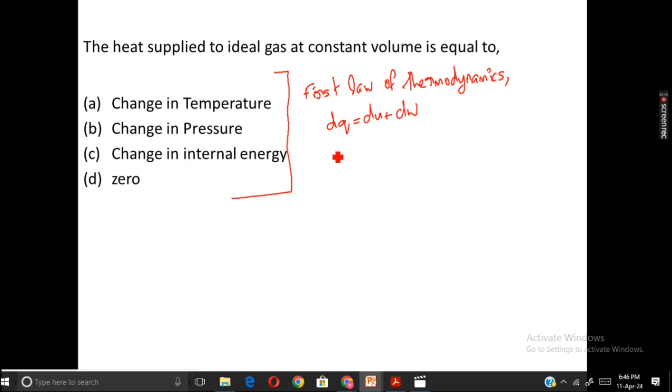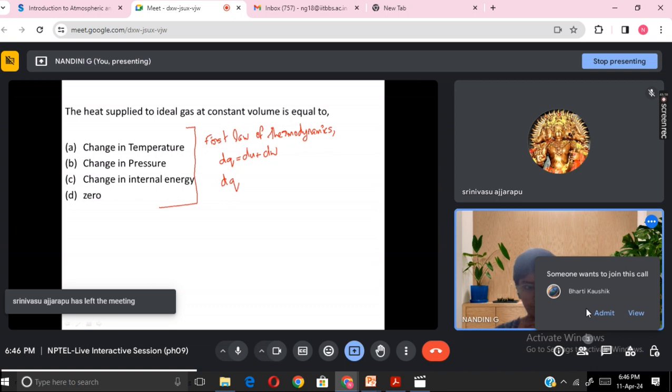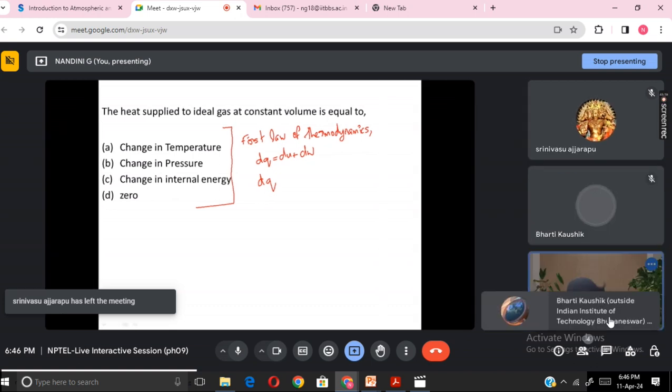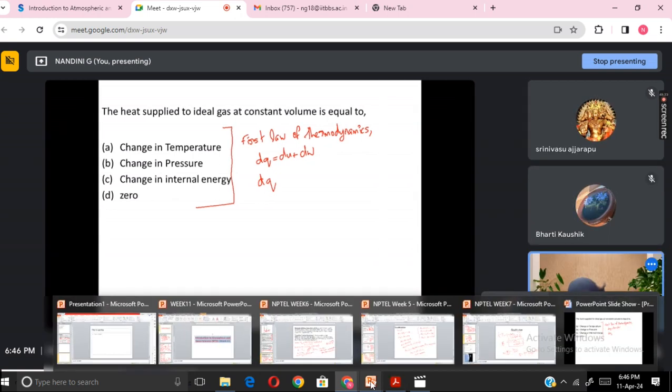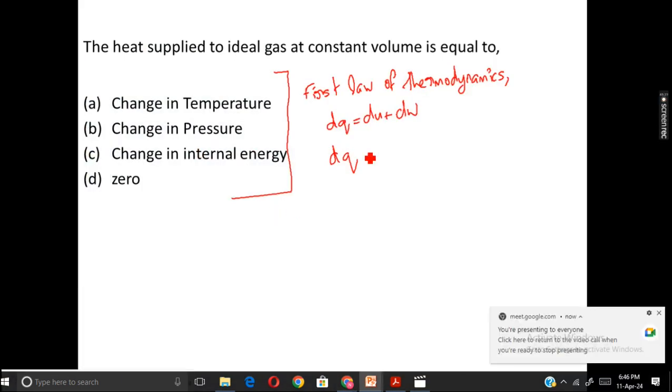So there were different forms of this first law of thermodynamics, if you guys remember. We have discussed the different forms of the thermodynamic equation.